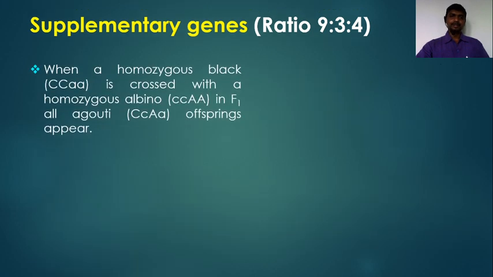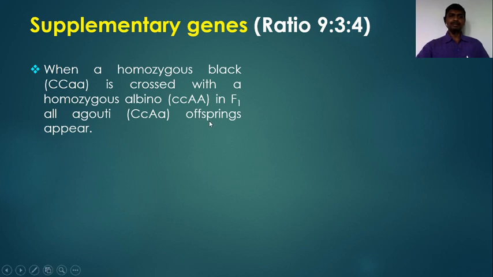When a homozygous black mouse, with genotype capital CC small aa, is crossed with a homozygous albino mouse having genotype small cc capital AA, in F1 all agouti offspring appear. The genotype is capital C small c capital A small a.